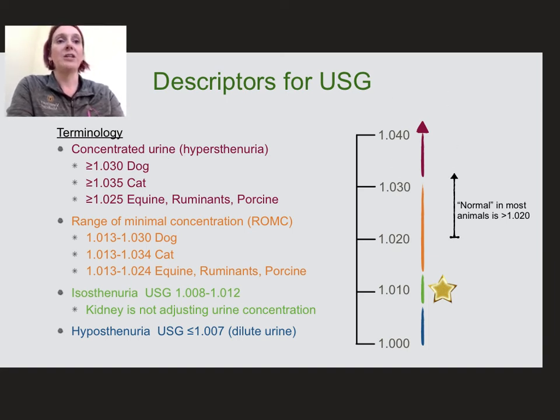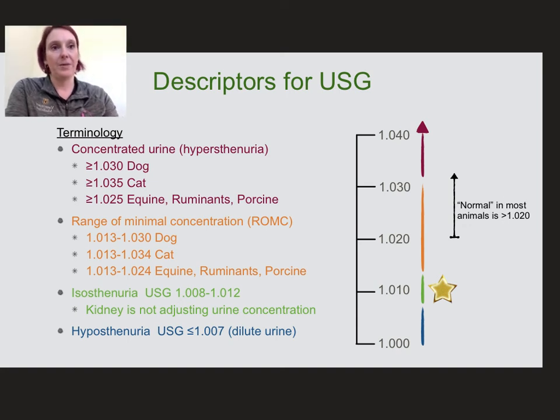So well-concentrated urine, the other term that's used is hypersthenuria. You may hear that thrown around once in a while, but mostly we say that, wow, it's really well concentrated when it's up there. When we've got nicely concentrated urine, we're going, kidney's working, it's doing a good job. In the range of minimal concentration, most animals on a normal day-to-day basis will have urine that's over 1020 in terms of being concentrated, okay?